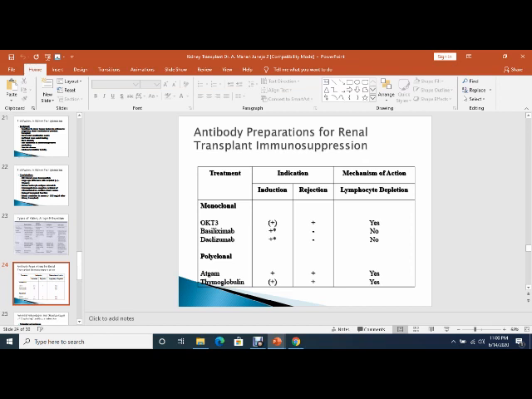Basiliximab and daclizumab are for the induction phase and are not recommended in the rejection phase; they do not cause lymphocyte depletion. Among the polyclonal antibodies, ATGAM and thymoglobulin are given in the induction phase and rejections, and can cause lymphocyte depletion.